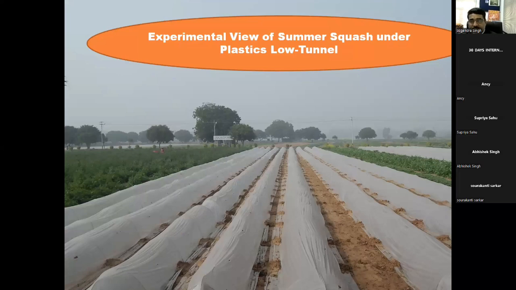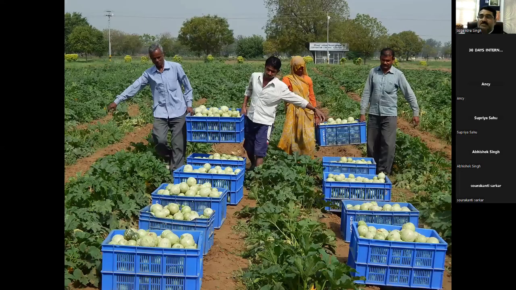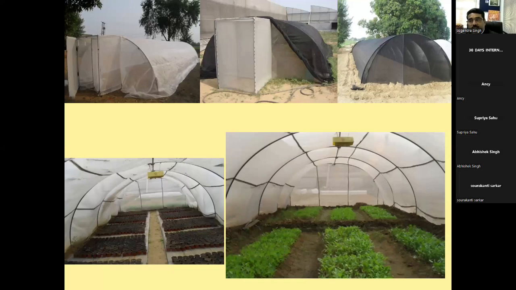In the winter and rainy season, we can promote vegetable production under plain and hill conditions. During November, December, we can use tunnel technology along with a drip irrigation system, and after December, starting January, we can produce zucchini and other cucurbits.